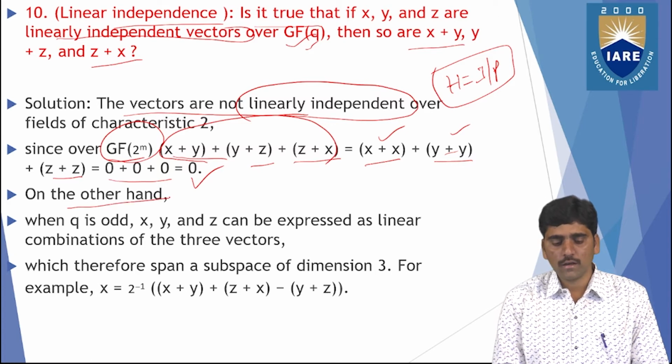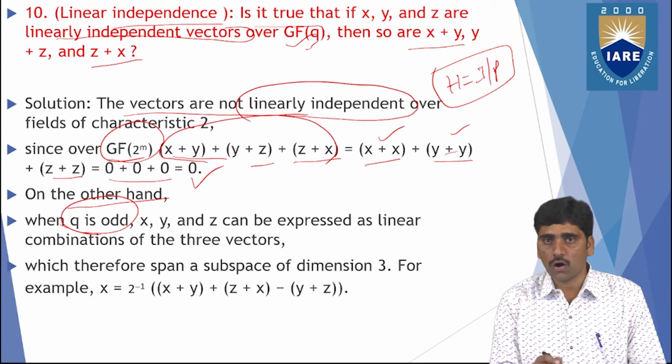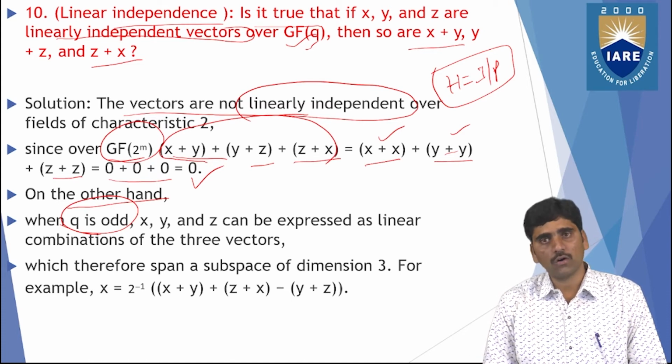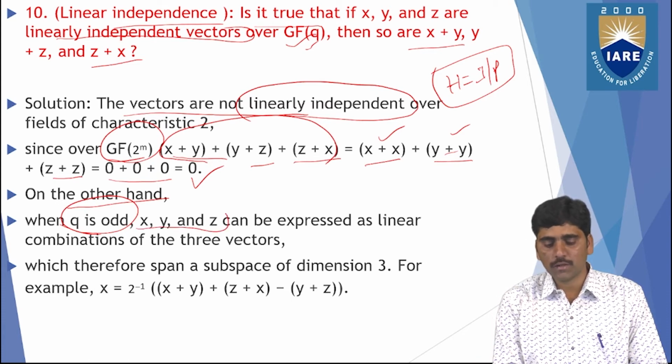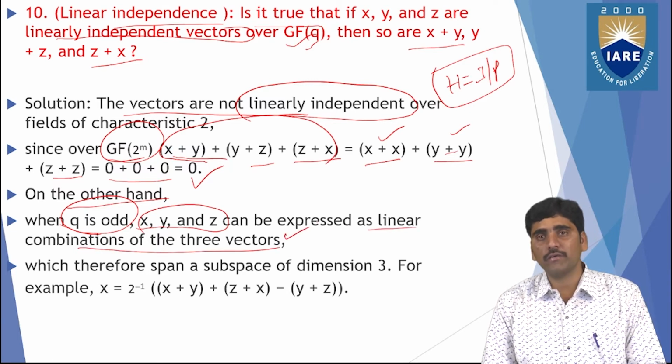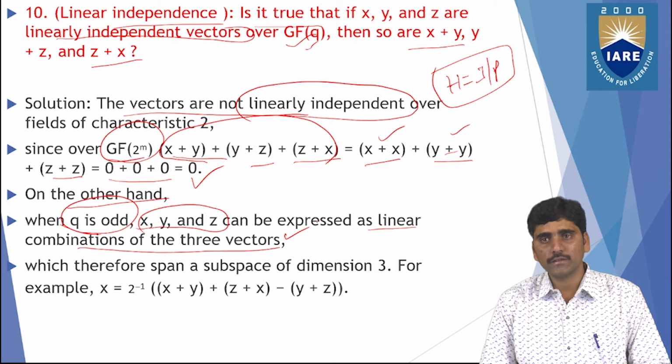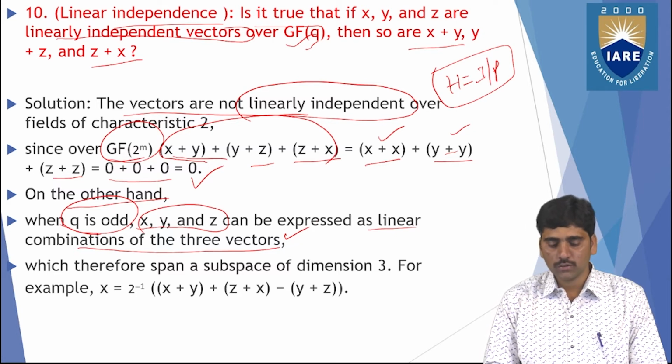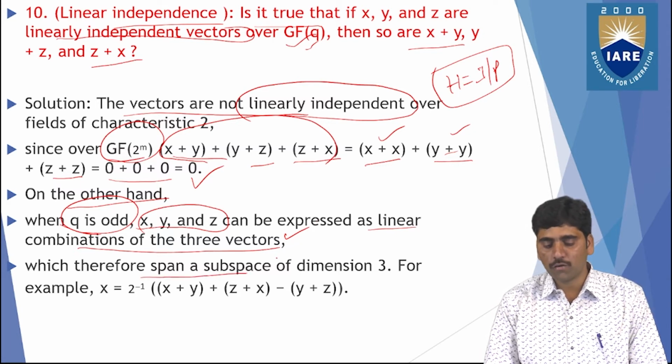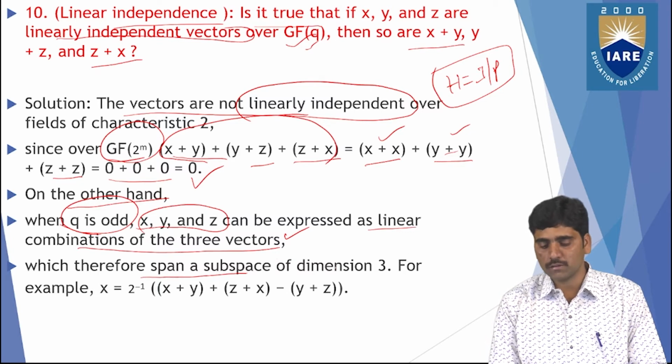On the other hand, when q is an odd number, x, y, z can be expressed as a linear combination of three vectors, which therefore span a subspace of dimension 3.